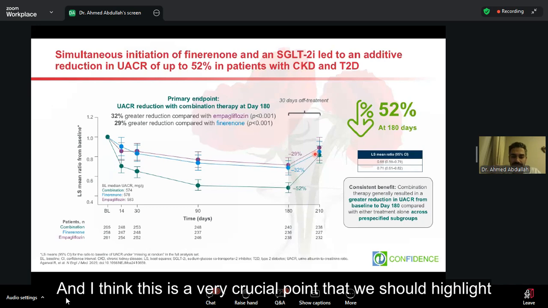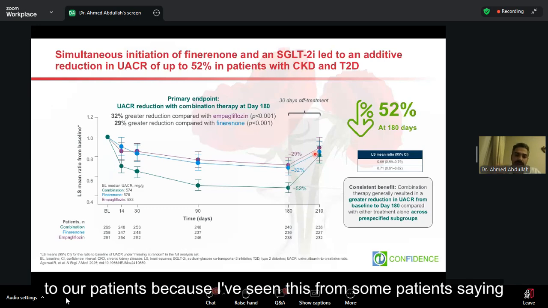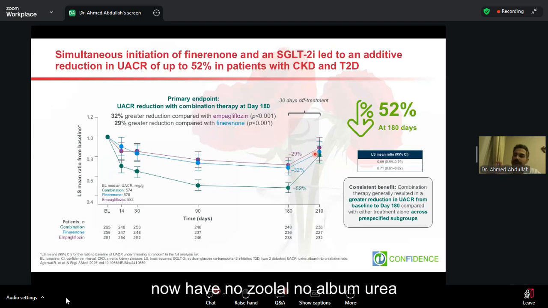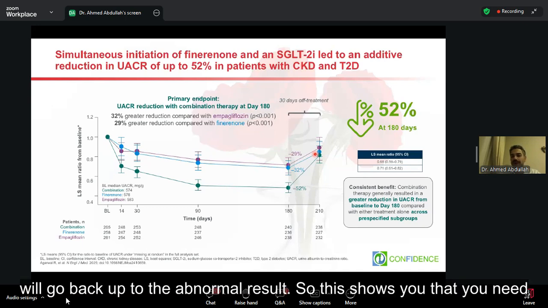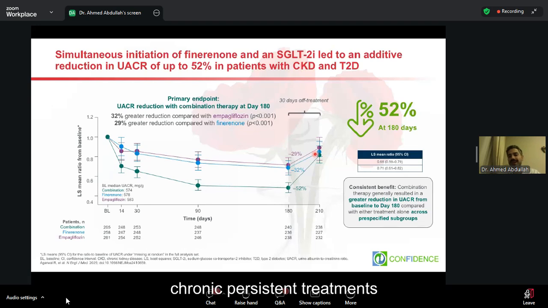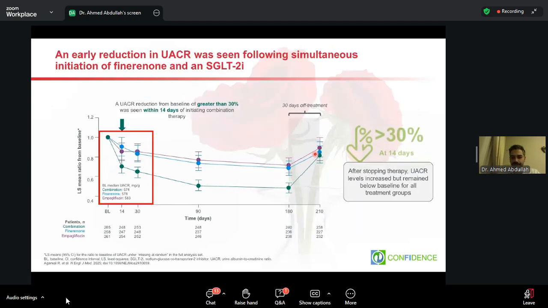I think this is a very crucial point that we should highlight to our patients, because I've seen patients say, great, now I have no albuminuria, can I stop the medication? And you tell them no, because if you stop it, your albumin creatinine ratio will go back up to the abnormal result. So this shows you that you need chronic persistent treatment.